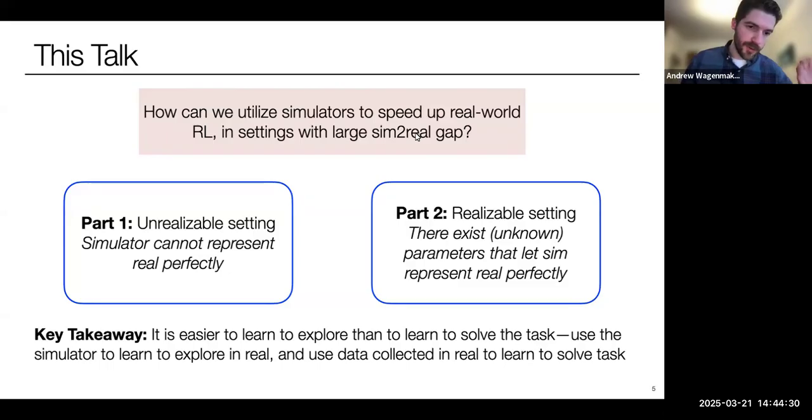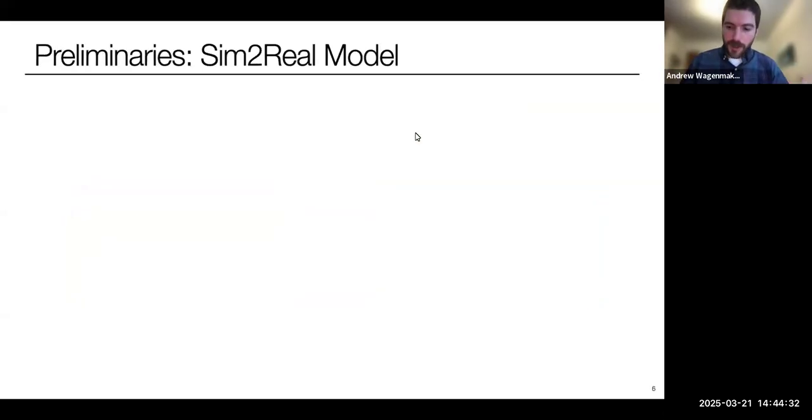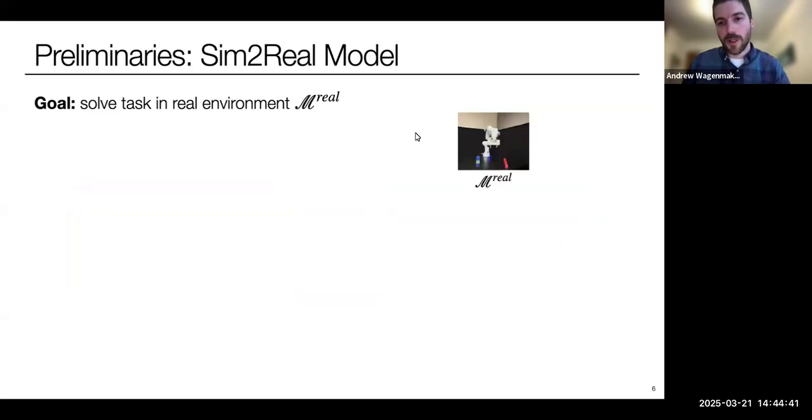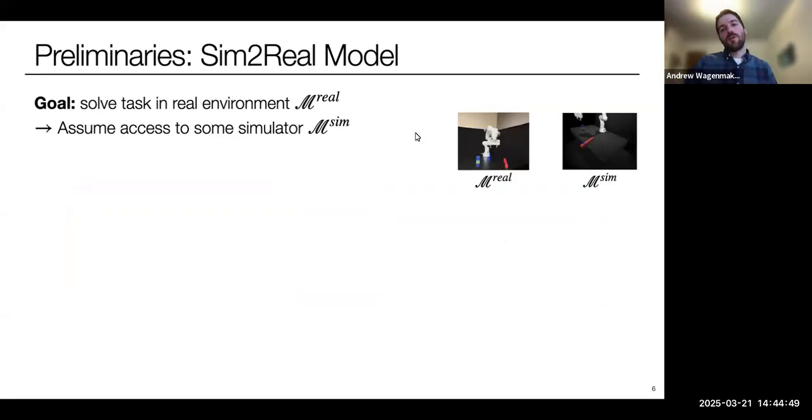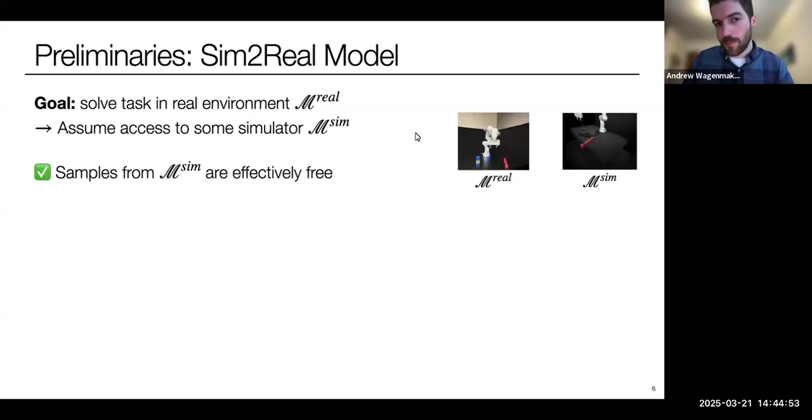Okay, so before I dive in, I'm just going to give a few preliminaries in terms of what this setting looks like. So we'll denote the real world, some environment, call it M real. And you can think of that as some sort of robotic task or whatever. We'll then also assume access to some simulator, we call M sim, which we assume is somewhat of a faithful representation of the real world.